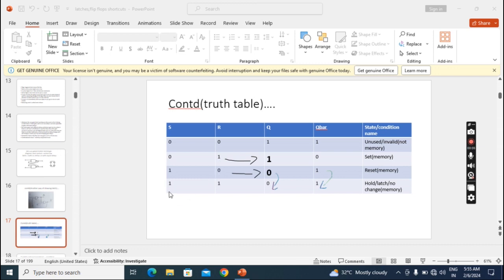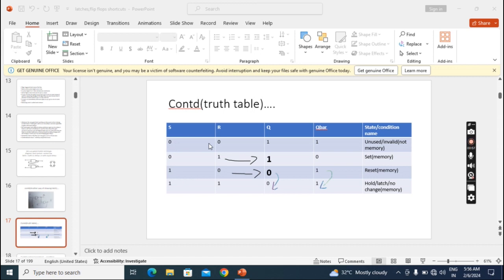Suppose initially if you apply 1 1, we cannot predict the output because we don't know the second input of each gate, and there is no output at that time to feed back. So we cannot predict the output if we apply 1 1 at the start. In that case, we have to apply any of the other three combinations, either 0 0, 0 1, or 1 0.